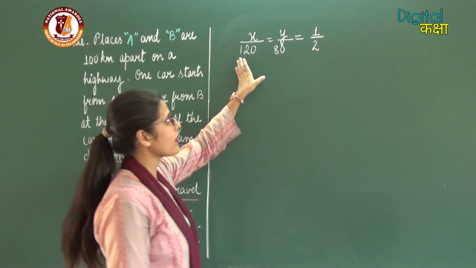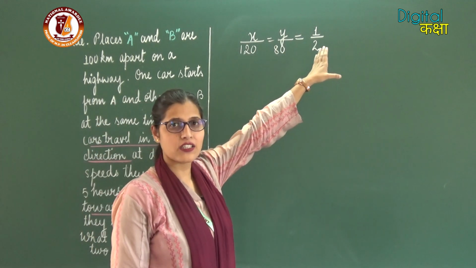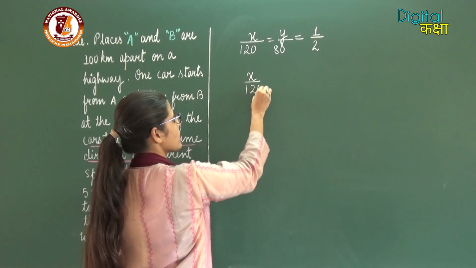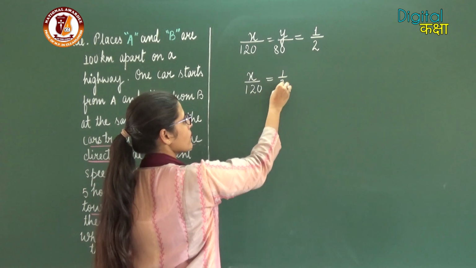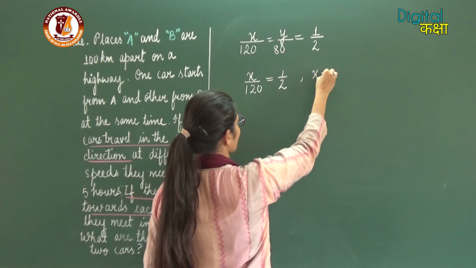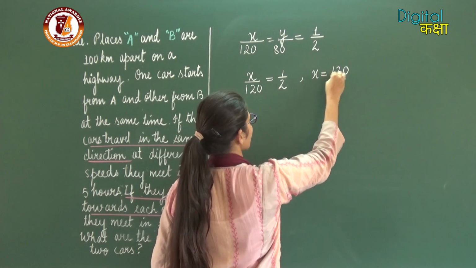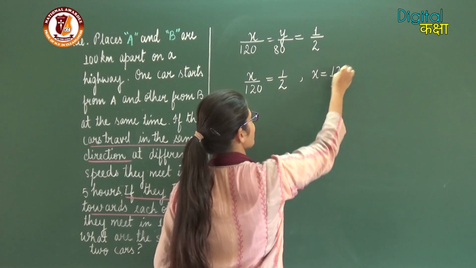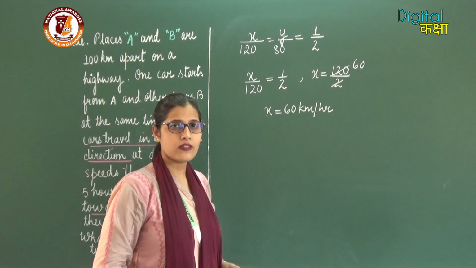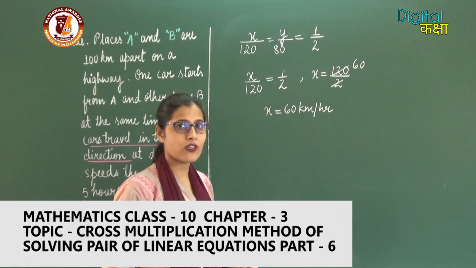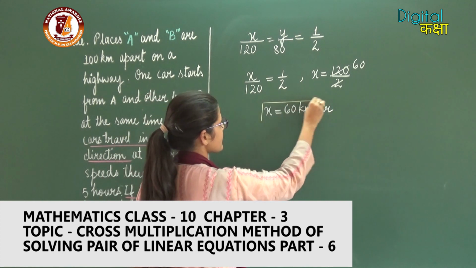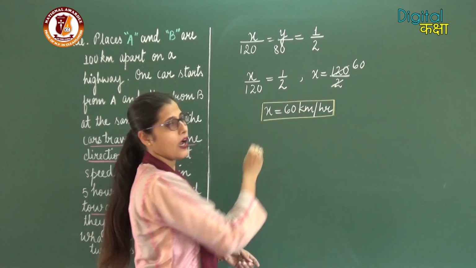Thus, we will be comparing the first and the third ratio. So, x upon 120 will be equal to 1 upon 2. Thus, the value of x will be 120 upon 2, which will be equal to 60. Since x is the speed of car 1, it will be written as 60 km/h.